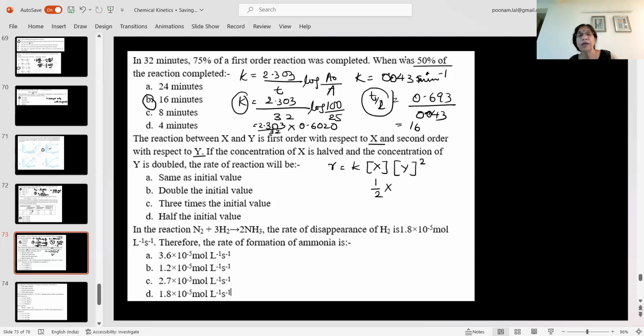And what happens to Y? The concentration of Y is doubled. So 2 raised to 2. So how many times will the rate increase? 1 by 2 into 2 into 2. So it will become double, 2 times. The answer is double the initial value.